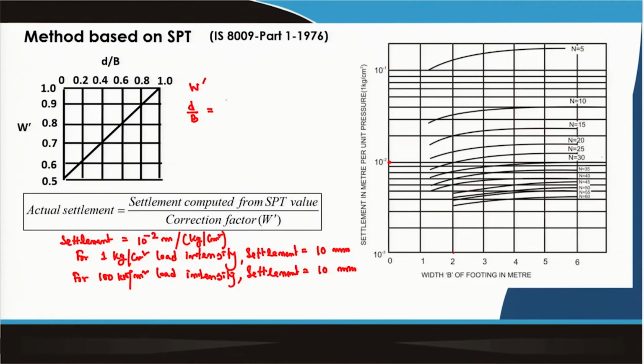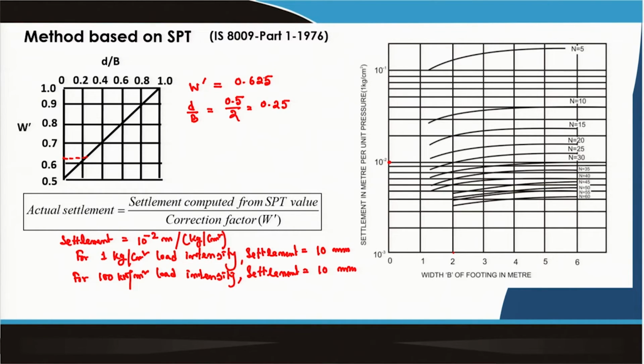So, D is equal to 0.5 meter, B is 2, so this is 0.25. So, W dash will be, from the correction factor chart, for 0.25, this is again 0.625. So, W dash is 0.625.